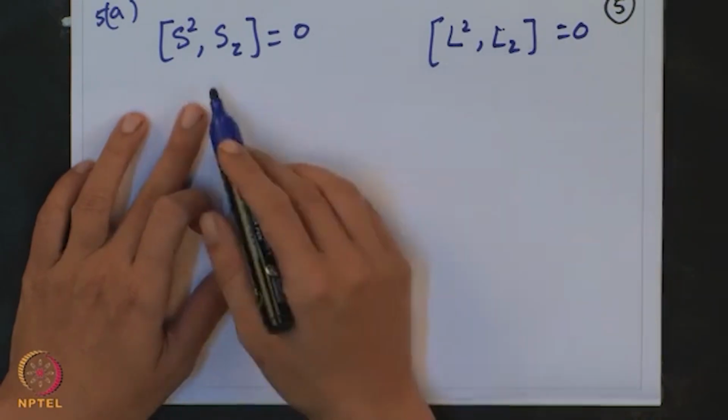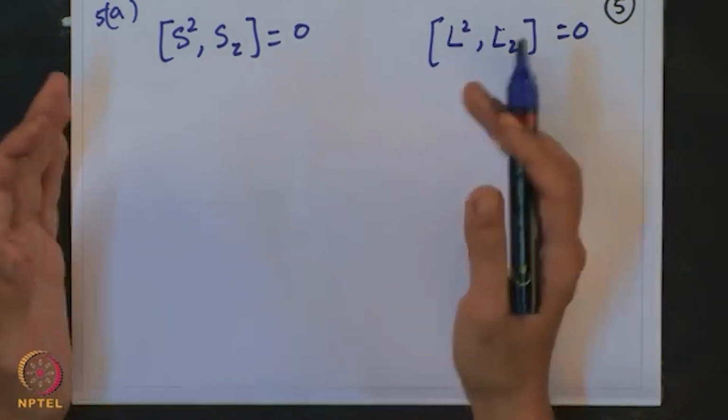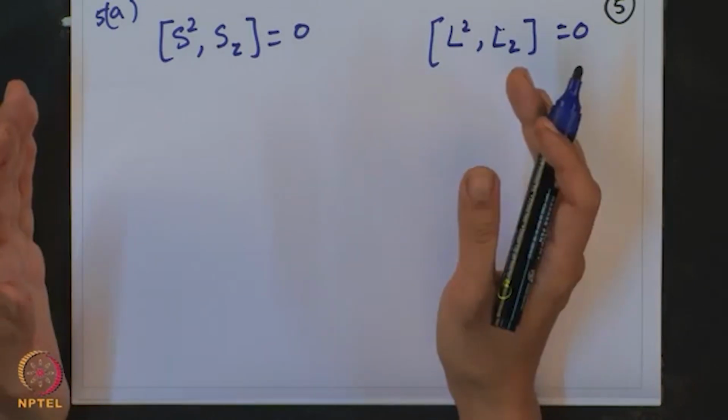Here Sz is a diagonal matrix, so it is easy to calculate the eigenvalues and eigenvectors, and once we know the eigenvector of Sz, we can have a simultaneous eigenket for S square also. So, the eigenvectors of Sz will also be the eigenvectors of S square, and that simplifies the calculation.